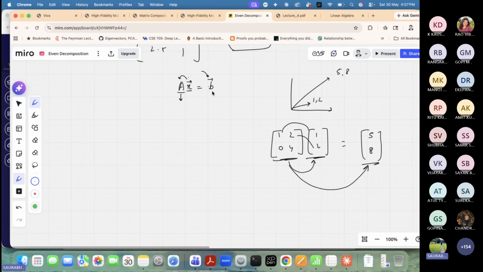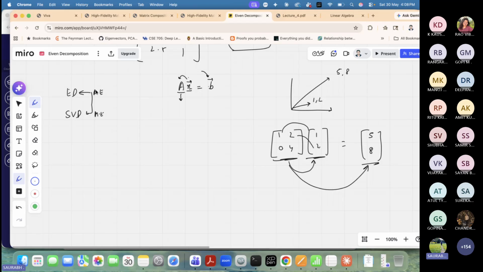People who are appearing for the makeup, if they are lucky, you will be asked about the problems. The contents that we are studying right now are eigen decomposition, and in the next lecture, singular value decomposition. Questions from one of them would be in the regular exam and one would be in the makeup exam.